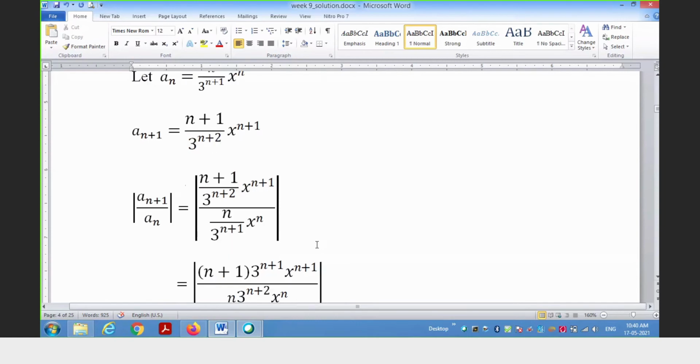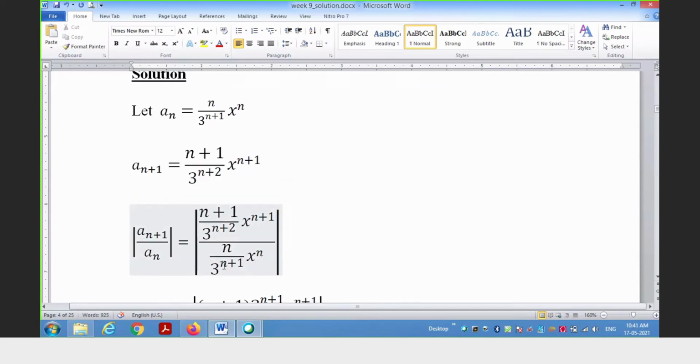All right, and then you take the ratio test. The ratio first: a_{n+1} over a_n is the value. So you replace a_{n+1} with n plus 1 over 3^(n+1), times x to the power of n plus 1, over n over 3^n, x to the power of n.